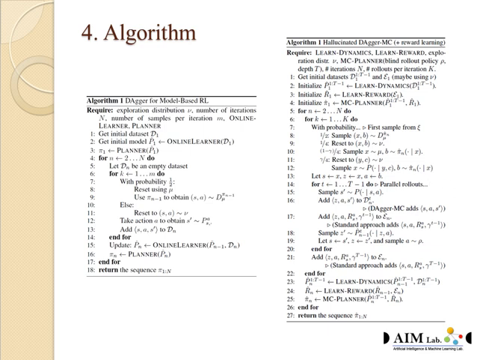One rollout consists of two paths, and t minus 1 is the length of the rollout. With the sampled parallel rollouts, we update the dynamics models and the MC planner.